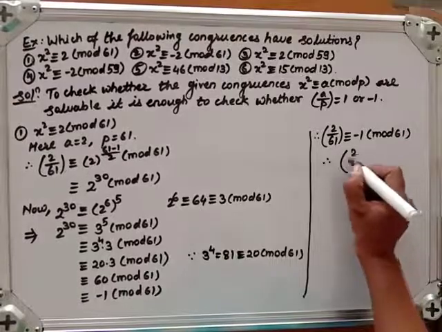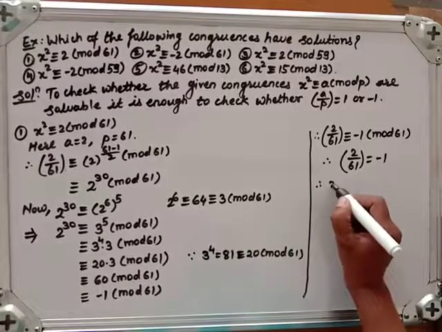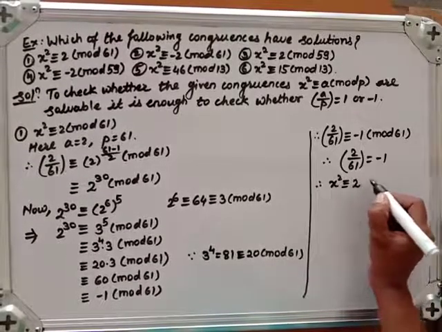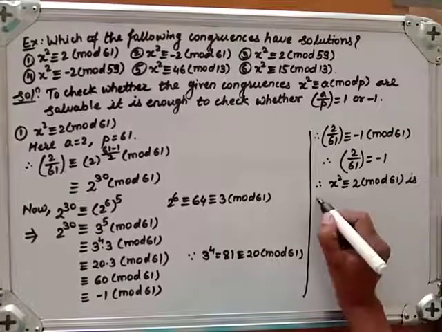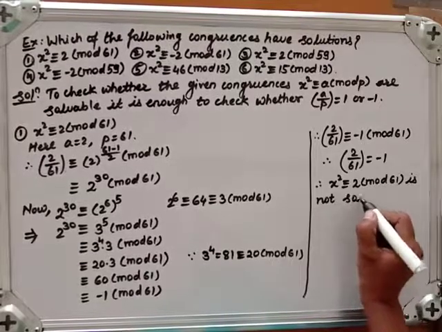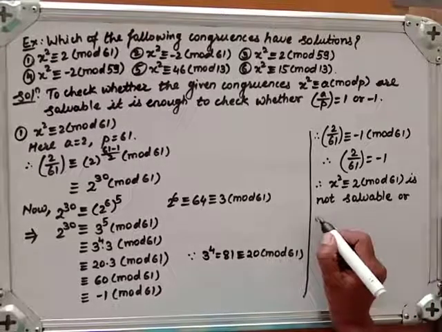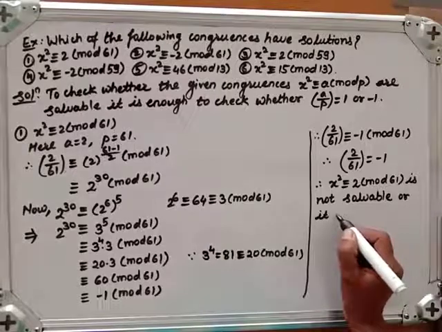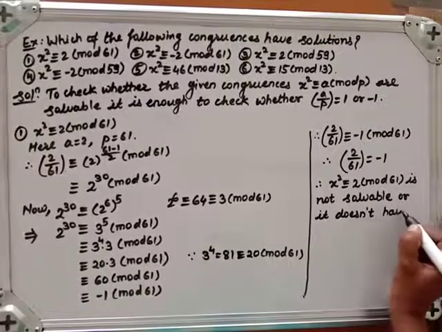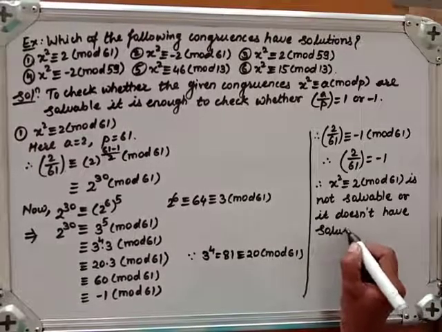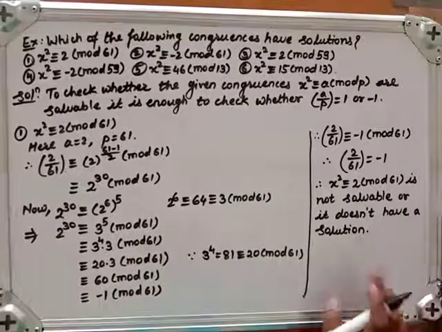Therefore, the value of the Legendre symbol 2 over 61 is -1. Therefore, this congruence x squared congruent to 2 modulo 61 is not solvable, it doesn't have a solution. Okay, this is the answer here.